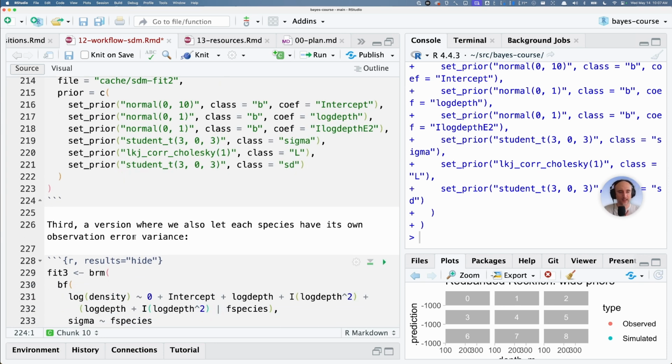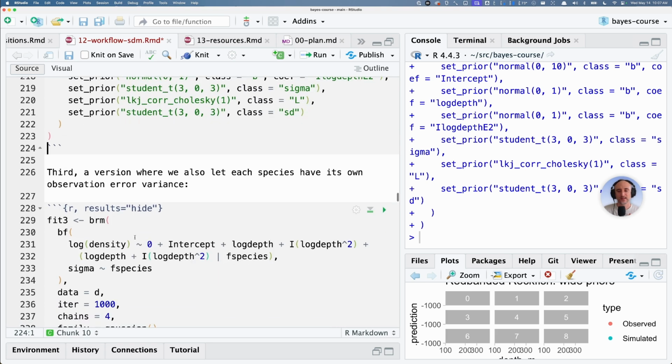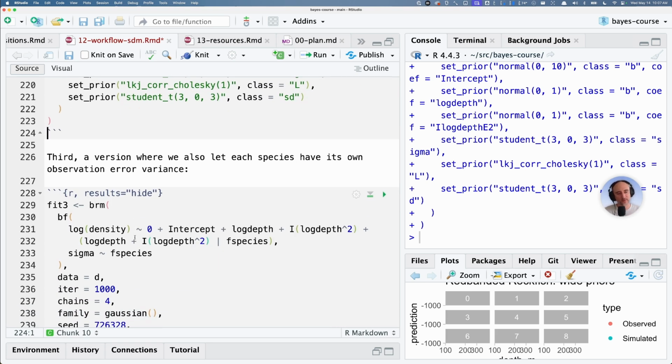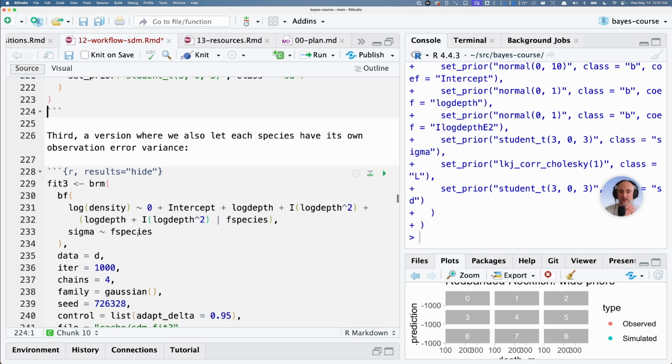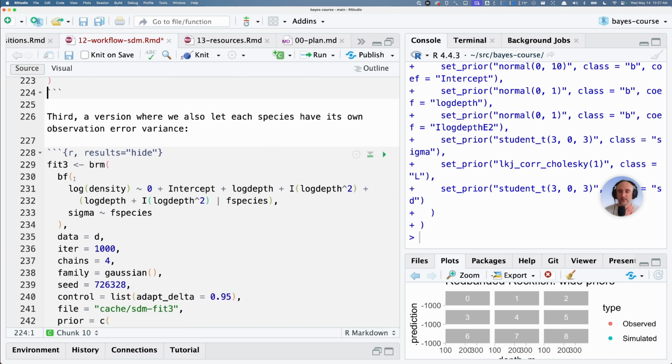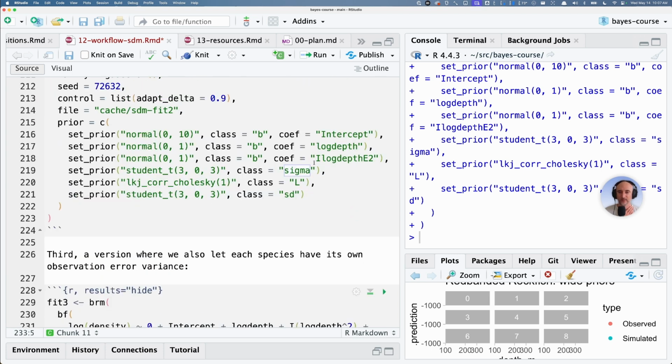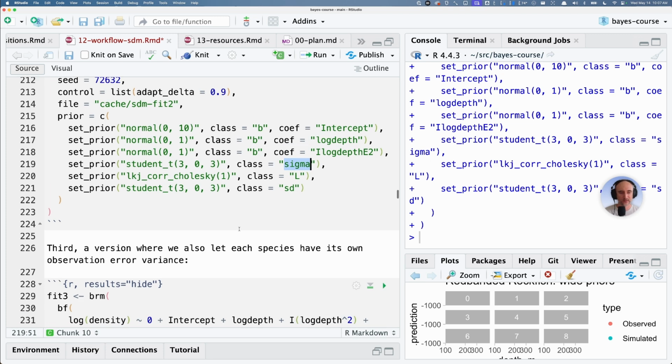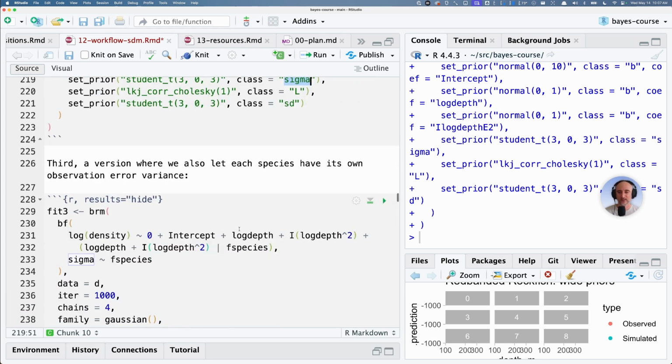And now I want to add a third level of complexity that I want to examine, which is that maybe it's not just the curves that vary by species, maybe the spread of densities, so the observation error, is also going to vary by species. And we can do that within BRMS quite simply by expanding our formula to include a predictor for sigma, which, as you remember, is our observation error scale, standard deviation.